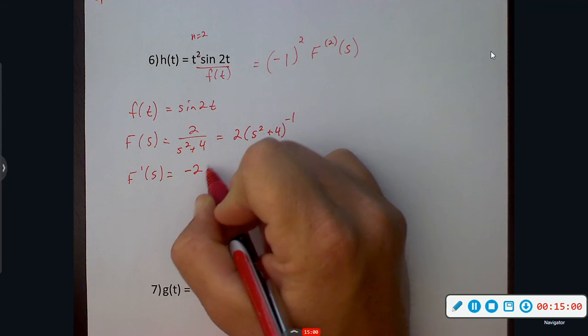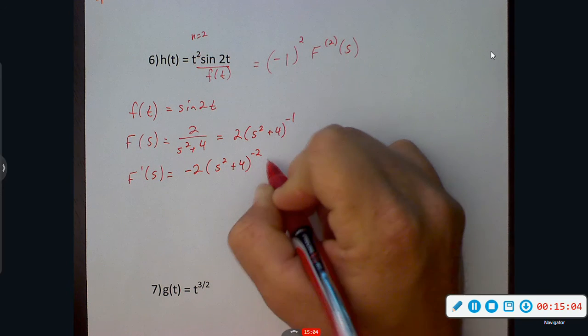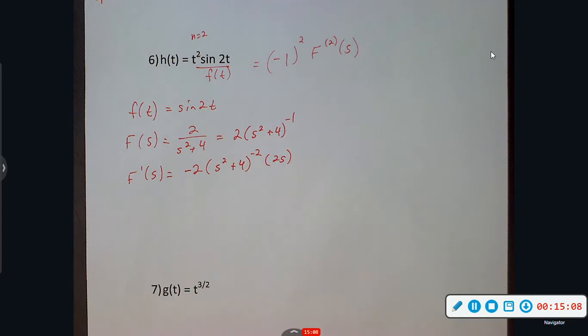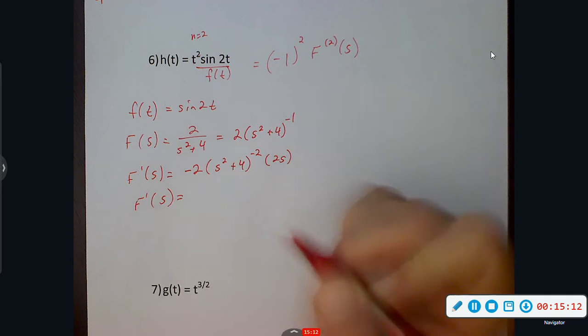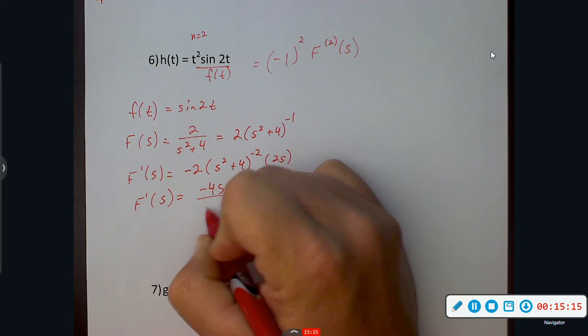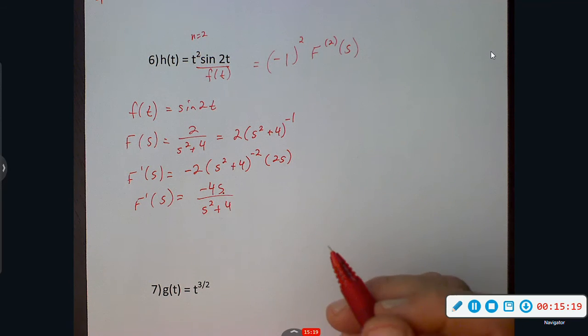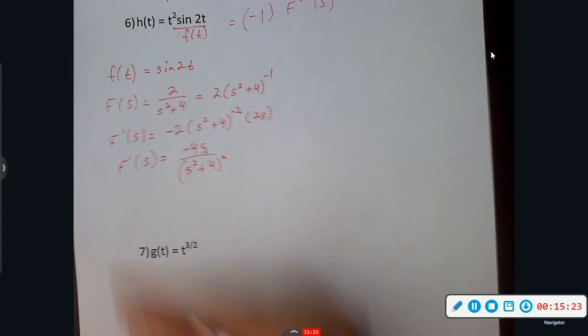So it's going to be negative 2 times s squared plus 4 to the negative 2 times the product rule 2s, or you could have just done the quotient rule, which would give you the same thing anyways, which is negative 4s over s squared plus 4 squared. Since now I have a term on top, I did the quotient rule on the next one.